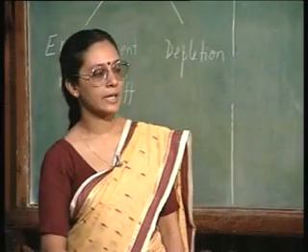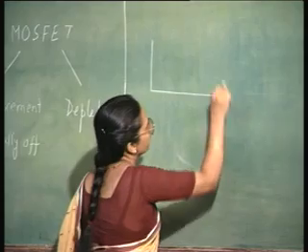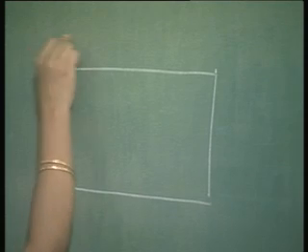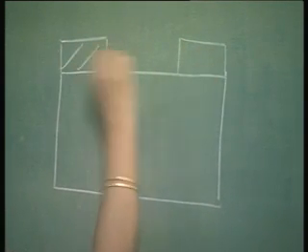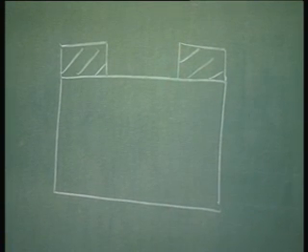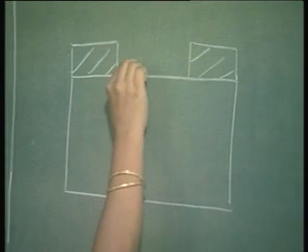In the second step, that is in step number B, we have opened a window in this field oxide and then subjected it to the gate oxidation.